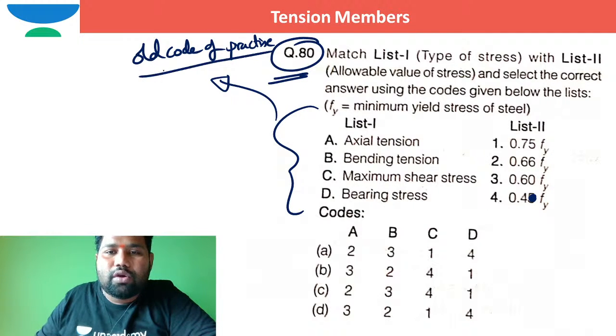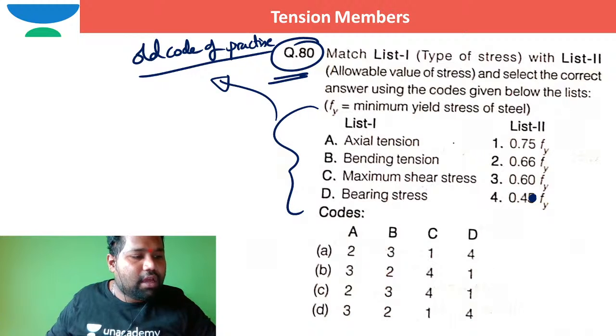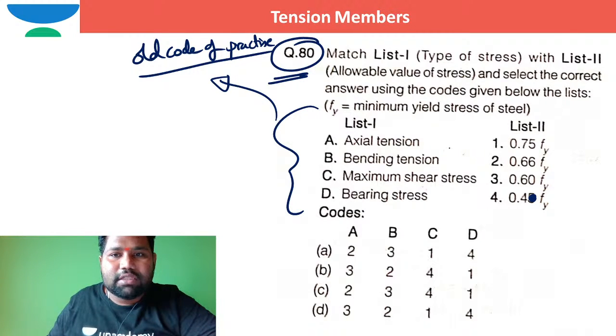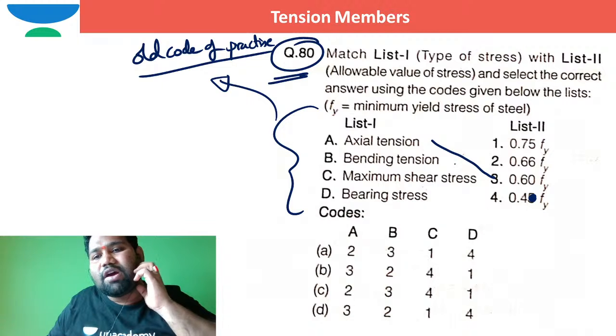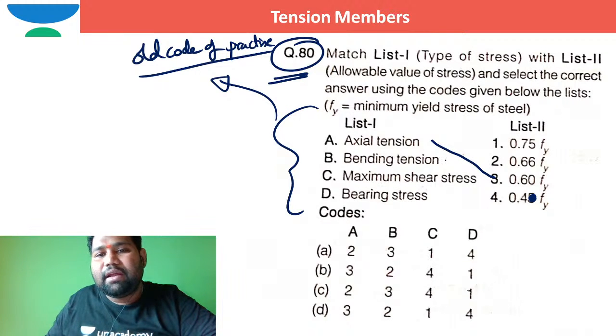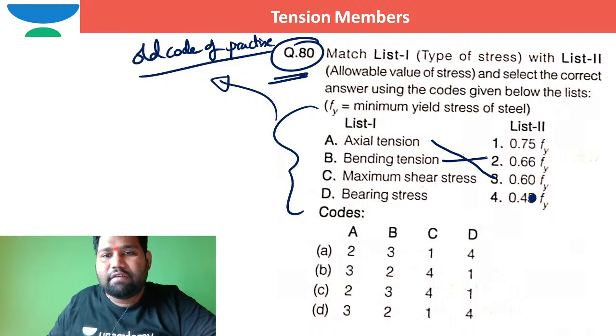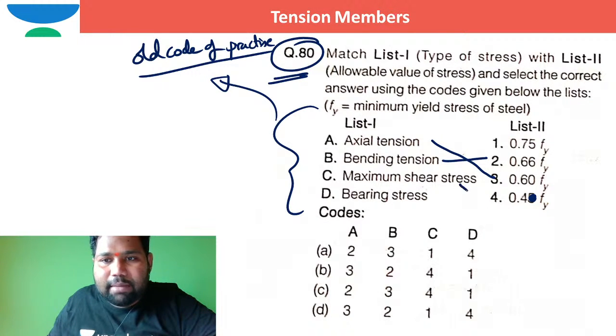Axial tension is given with the terminology 0.6 times Fy. This I already mentioned. Permissible bending tension is given with 0.66 times Fy. Maximum shearing stress value is given by 0.4 times Fy.